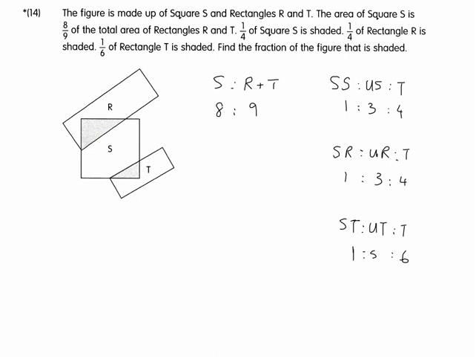Okay, so let's look at this. You can see that the whole of S is 8 units, right? So let's change this to 2 is to 6 is to 8, right? Correct?